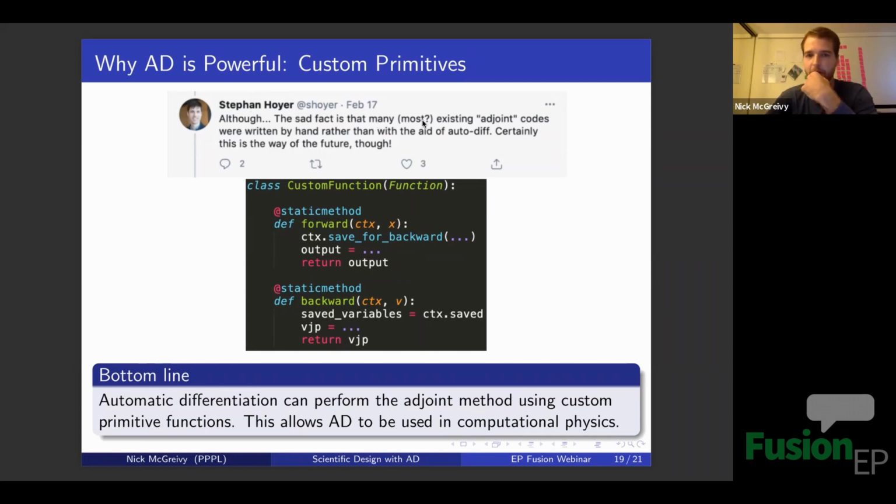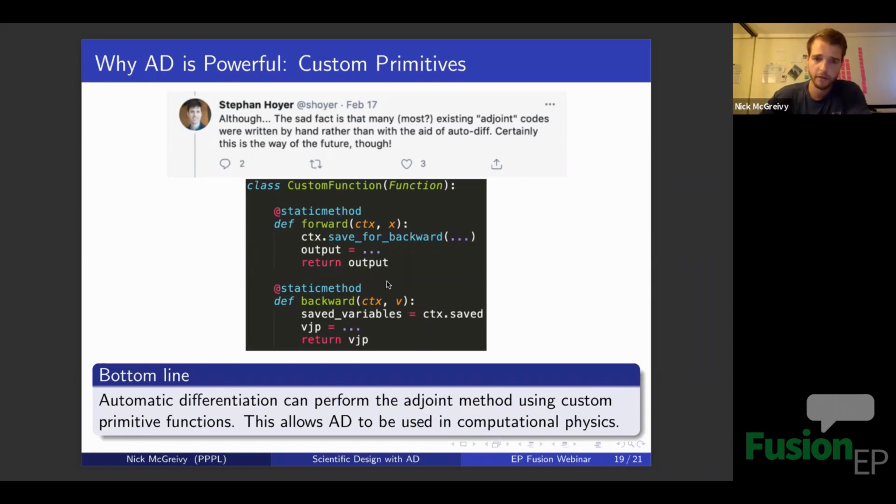Stefan says the sad fact is that most existing adjoint codes are written by hand rather than native autodiff. So how would I in practice bring this technique of the adjoint method, which is very powerful, and interface it with automatic differentiation, which is also very powerful? The way you do this is using the ability of automatic differentiation to implement custom user-defined primitive operations.